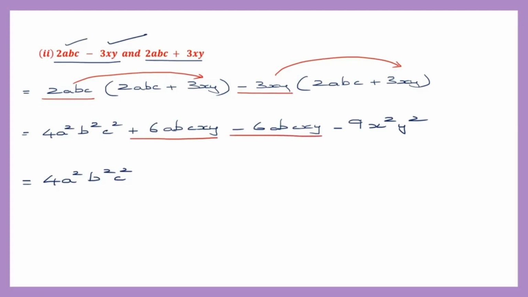Here we have minus 6. Plus 6 minus 6 is 0. It gets cancelled. So what is left there is minus 9 x square y square. So this is our final answer. Let's read it out. So this is 4a square b square c square minus 9x square y square.